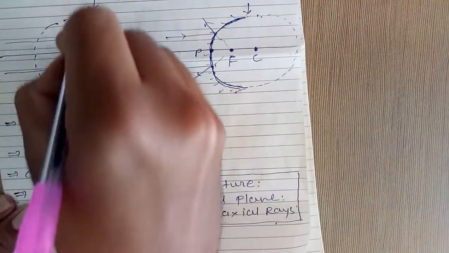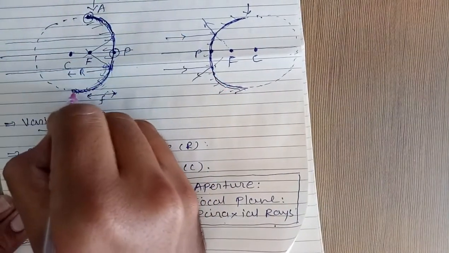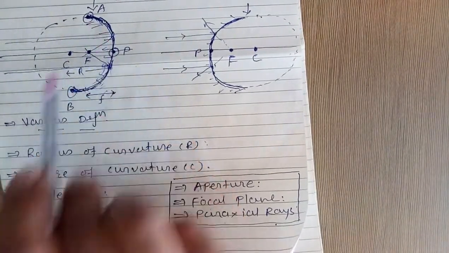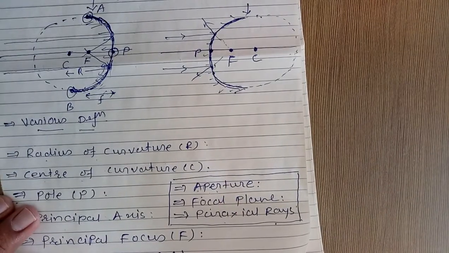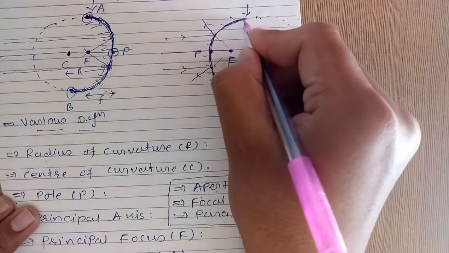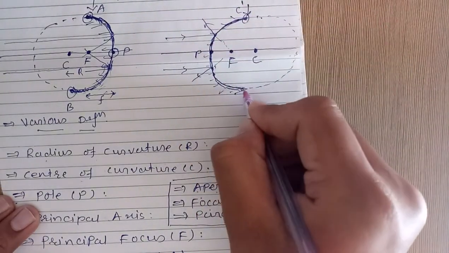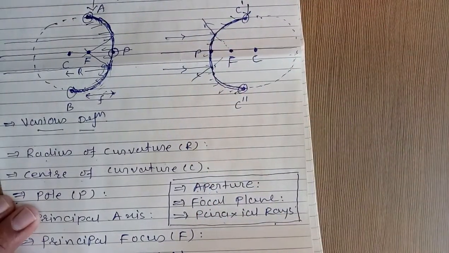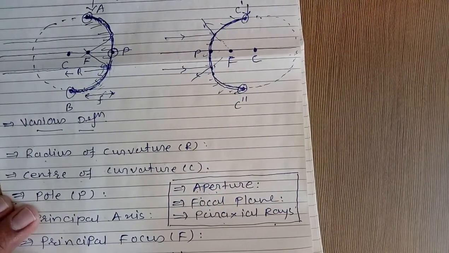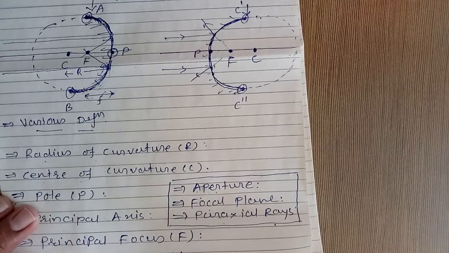We denoted one point here, point A, and here point B. This diameter of the reflecting surface is known as aperture. We also define this for convex. Here we denoted some point C dash and here C double dash. This is also the diameter of the reflecting surface. So the diameter of the reflecting surface is known as aperture.